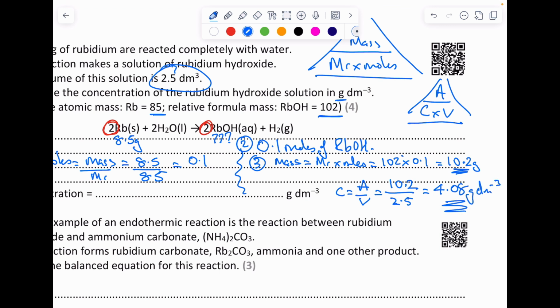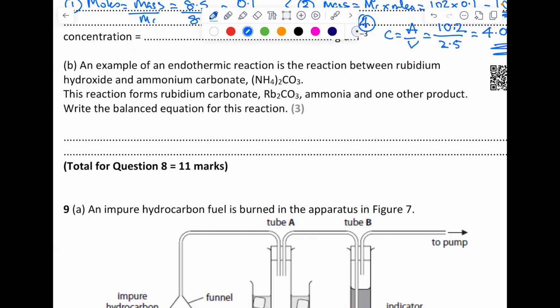And that's my final answer in that question. That's a tough one. 4 steps, because that's the final step there. But if you work your way through using the knowledge and the equations we have, hopefully you have managed to get there.